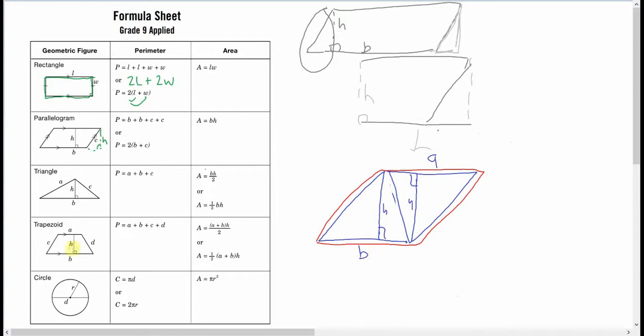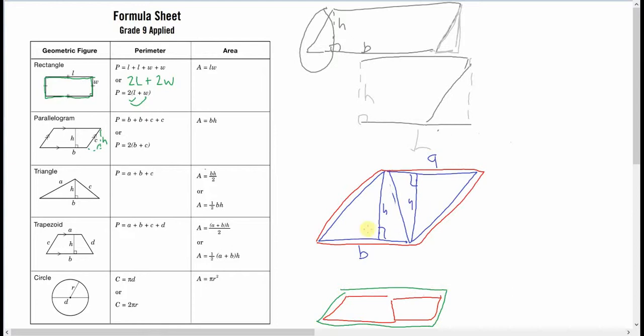We can do the exact same thing with the trapezoid, where we take that trapezoid shape that we're starting off with, we flip it upside down, we slide it into place, and now these two trapezoids together make a parallelogram.